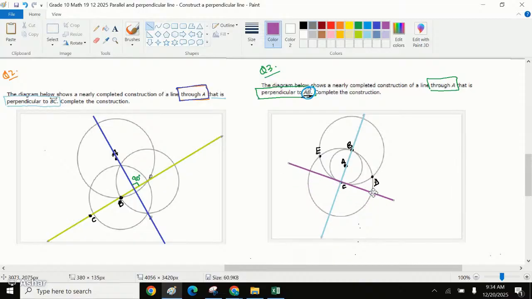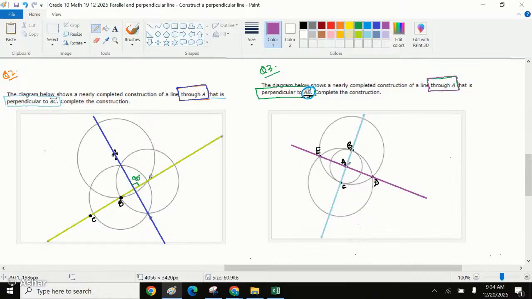But if I would move this line over here, is it perpendicular to the line AB? Yes, it is perpendicular to the line AB, but it is not passing through the required point. Our required point is A. It should pass through the point A. That is the given condition in the question, right?